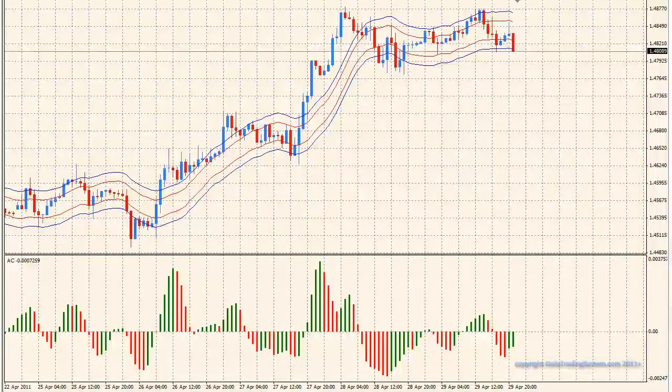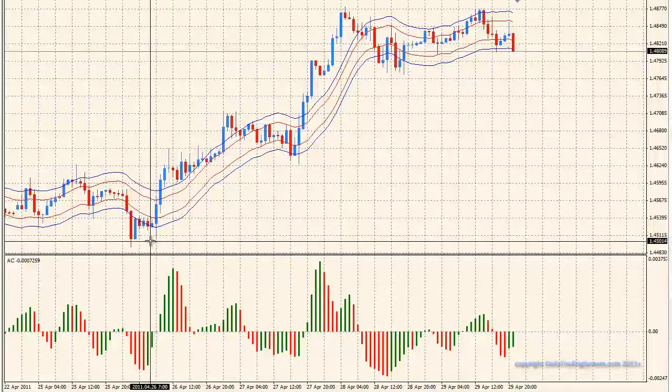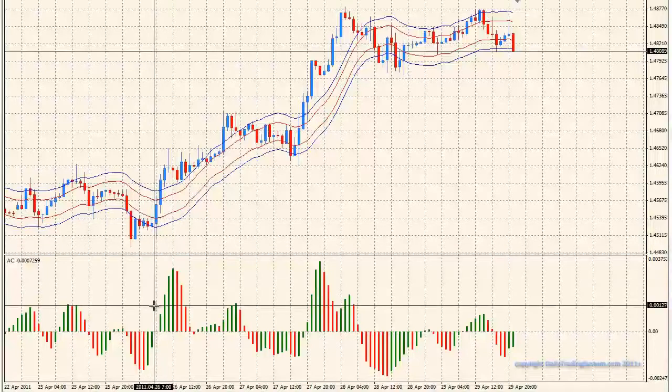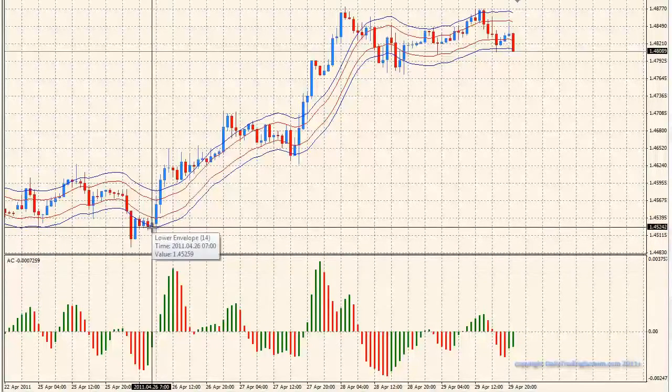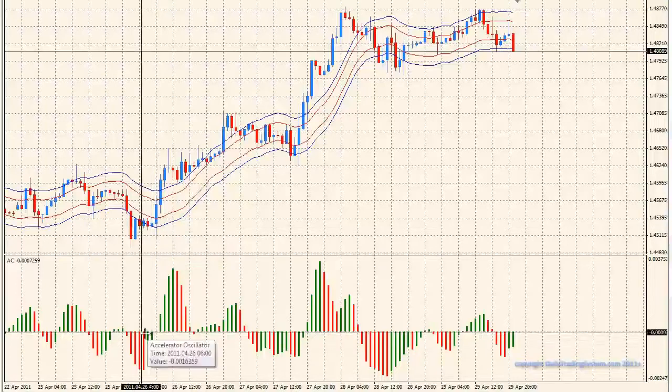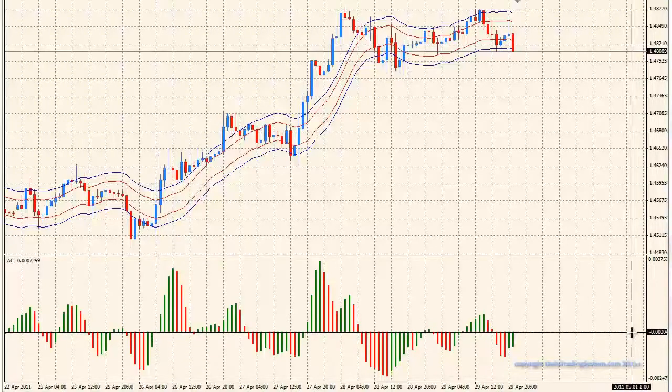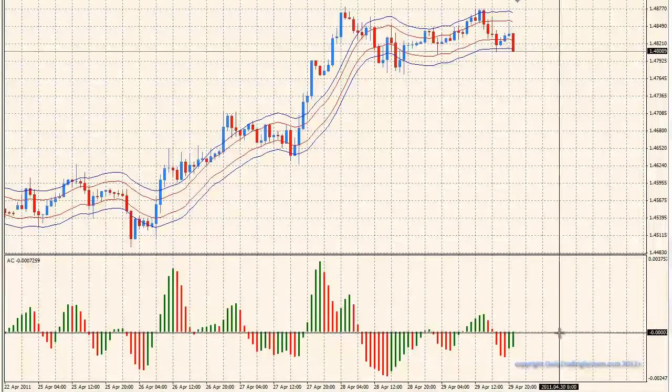When you see that the close is inside those two lower bands, the next thing to look at is where it lines up with the accelerator oscillator. This is the vertical scale, where the dotted dashed line is.